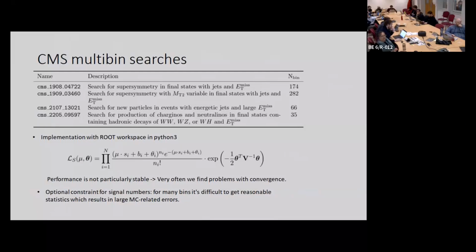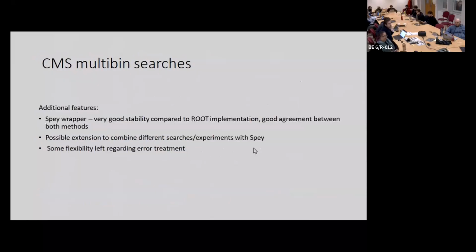And you end up with an array of results that is very sparse, with large relative errors in some of the bins. And probably this is far from optimal from the numerical point of view for the minimization of your likelihood. So we're trying different approaches. One option is to change the treatment of the signal prediction and promote it to a nuisance parameter that is also constrained with an exponential. We also tried changing the optimizer.